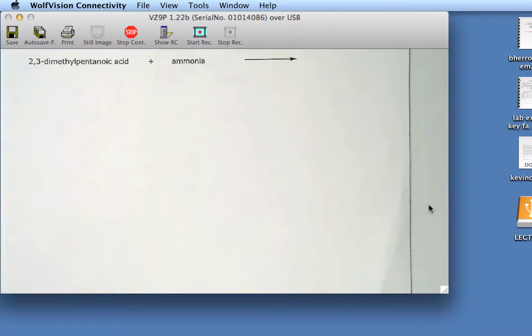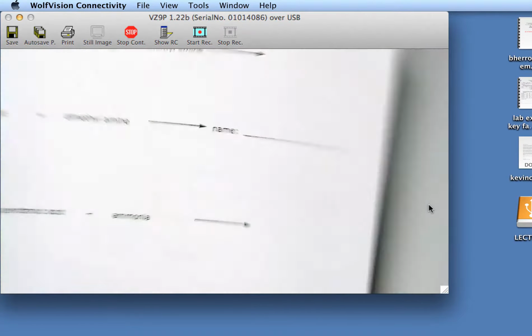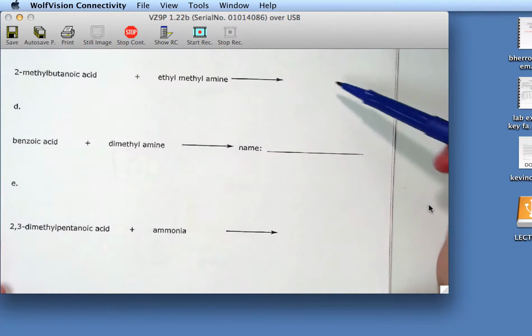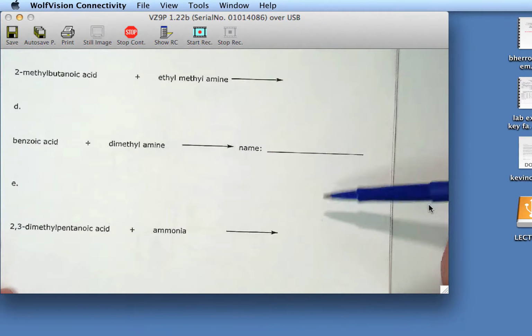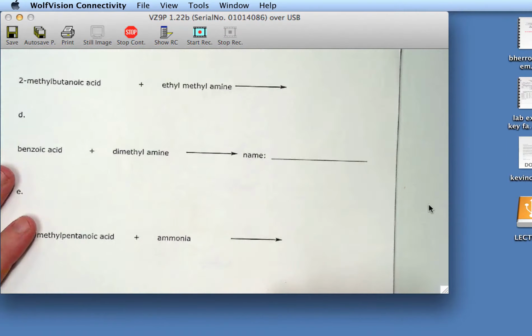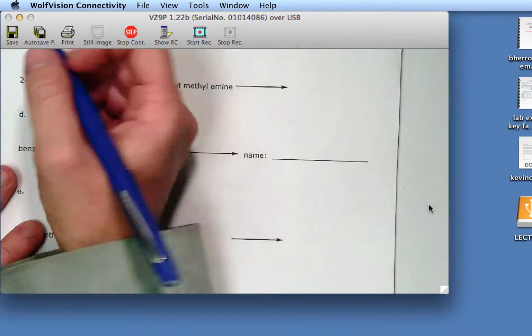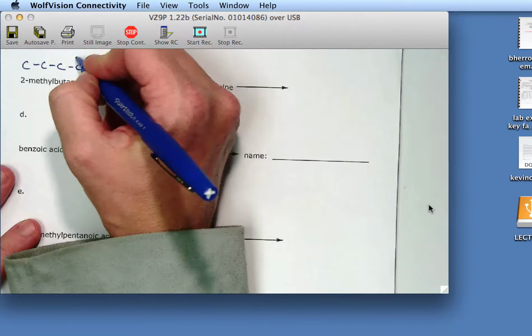All right, on the next page, I have a few more, and not every one of them I want you to name. D, I want you to name, but not C and E. So 2-methylbutanoic acid. How many carbons in that? 4. Carboxylic acid.